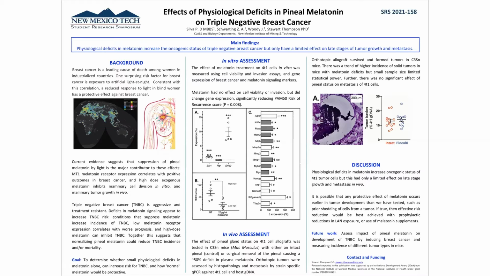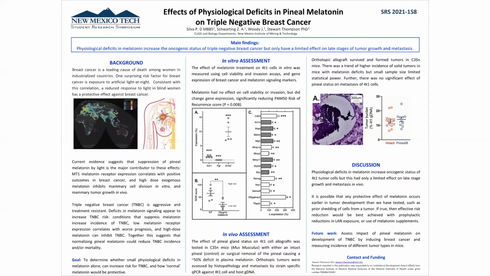In the in vitro studies, we compared 41 cells that are treated with melatonin to 41 cells that are not treated with melatonin. However, we did not observe any significant effect of melatonin on 41 cell viability and cell invasion.